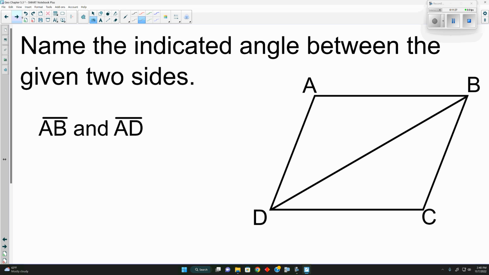AB and AD. That one can be angle A, yes. Questions on these here?